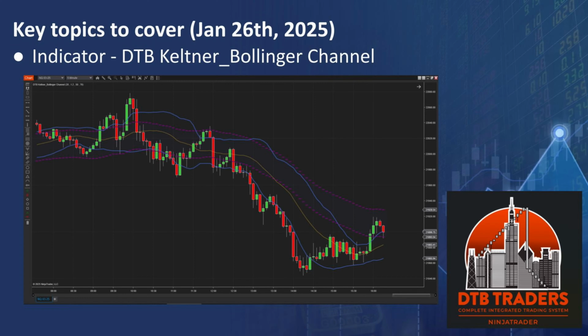And actually, on a side note, if you just want to run the Bollinger Bands by themselves, I've got an indicator in here that I've done extensive work on, and it's something that I'm going to introduce to later tools. It's called a DTB Bollinger.